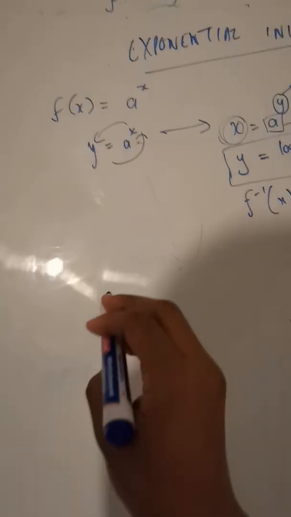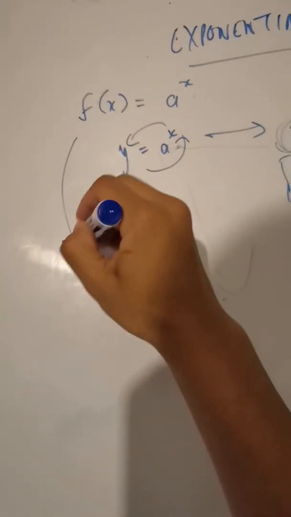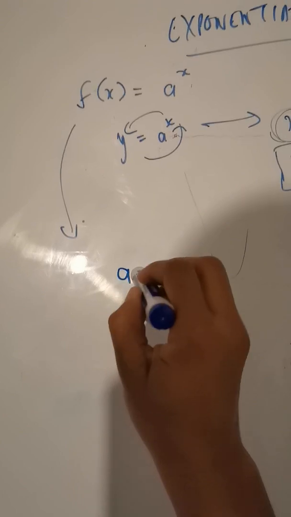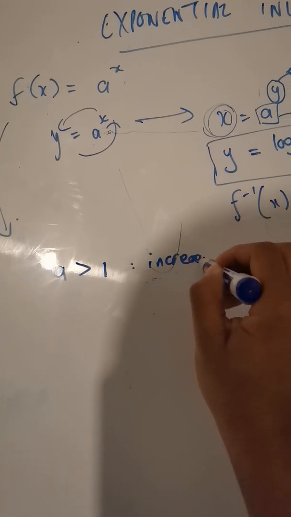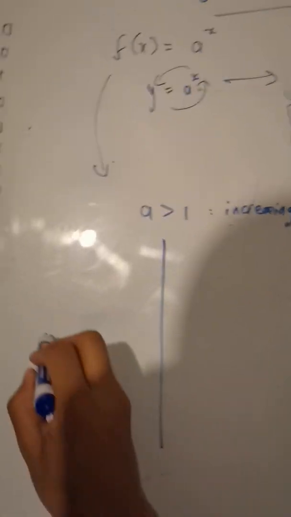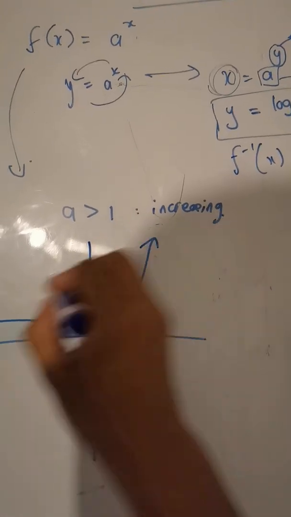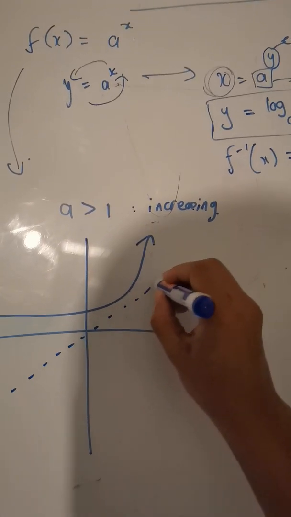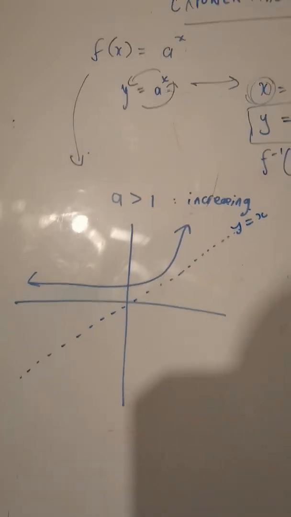Okay, so let's say, for example, in this graph, remember, if a is more than 1, we have an increasing function. So our original graph will look like this, and let's say that is the axis that we're going to reflect our graph in, the y equals x line.